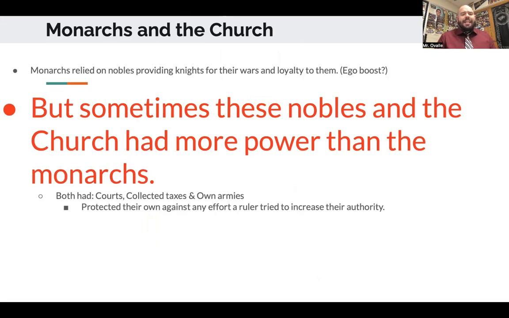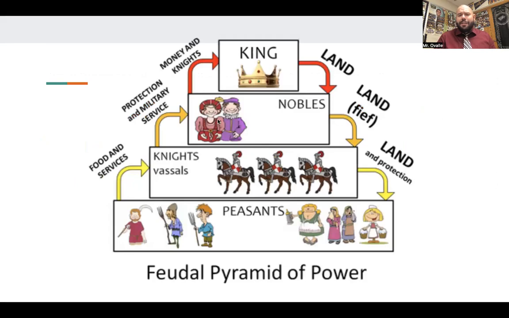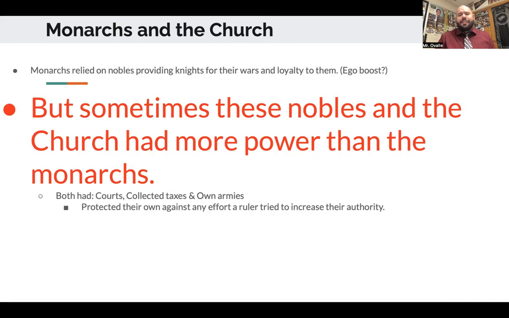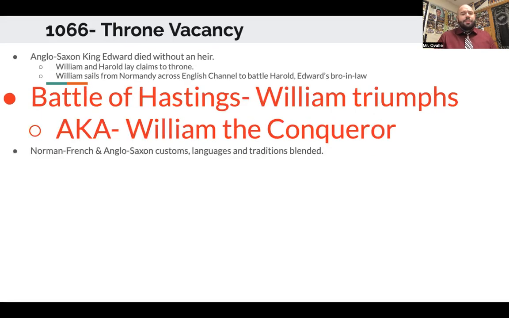So they would protect against any effort of a ruler trying to increase their authority over them. So they're going to try and keep what's theirs, and not give it away, which is kind of weird because they just give knights to the king. But some nobles thought they were too rich, too hoity-toity for the king. So that's going to lead to some struggles.